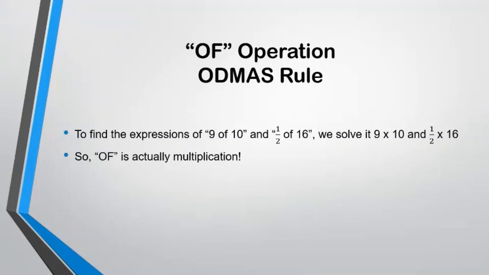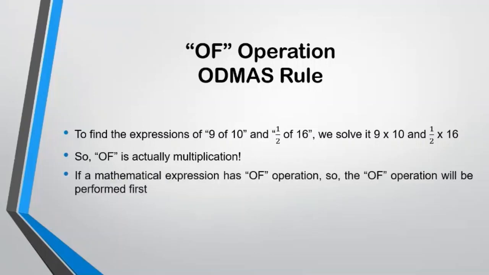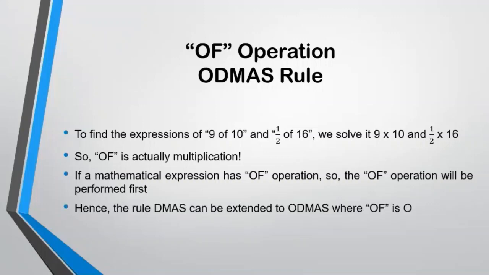So, OF is actually multiplication. If a mathematical expression has OF operation, so the OF operation will be performed first, before the division, multiplication, addition, and then subtraction. Hence, the rule DMAS can be extended to ODMAS, where OF is O.